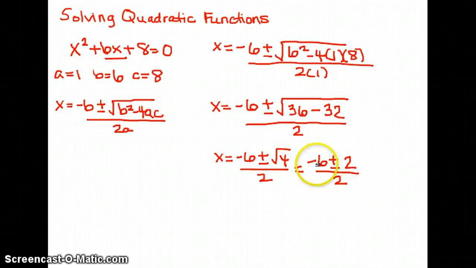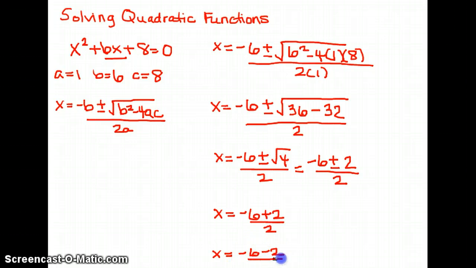And from here, you're going to separate your roots. You're going to get x equals negative 6 plus 2 divided by 2. And you're going to get x equals negative 6 minus 2 divided by 2. In this first equation, we get negative 4 divided by 2, which is negative 2.